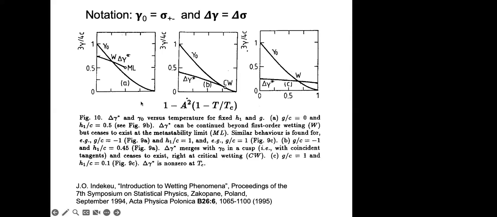The delta gamma star, if we just follow that trend line from 0.75, then at the intersection of gamma 0, we say that it tends towards the wetting. So it follows the path of lowest energy effectively. Am I still correct in saying that?